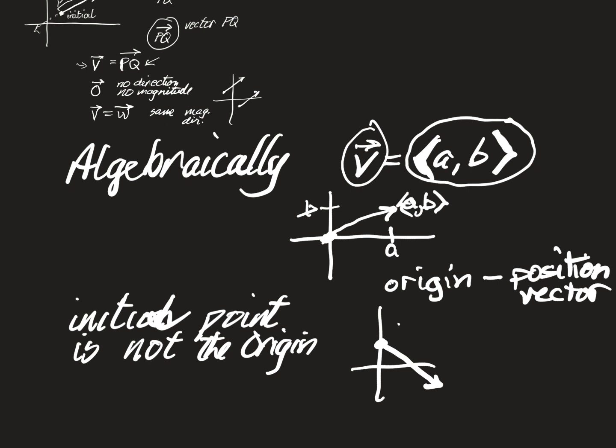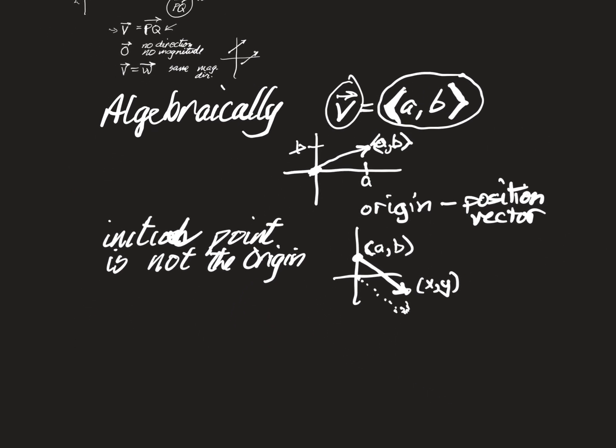So in other words, it'll have ordered pairs here, some ordered pair here, (A, B), and some ordered pair here, (X, Y). And what we'd like to do is we'd like to find the position vector that's associated with this vector. In other words, it has the same magnitude and direction. So we'd like to find this vector. Well, how do we do that?